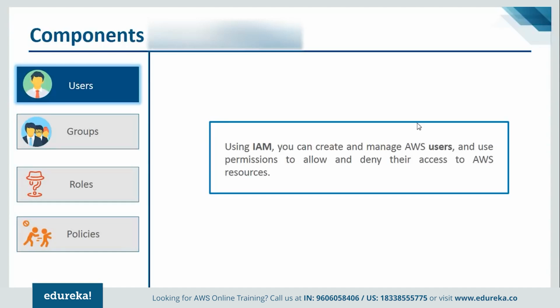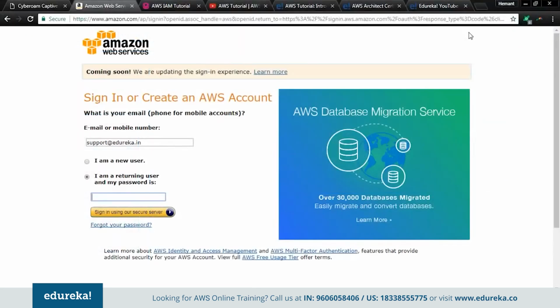Let me go to my AWS management console and show you how you can create a user in IAM. Alright guys, so this is my AWS sign in page. When you log in through your email ID and your password, that is basically your root account.